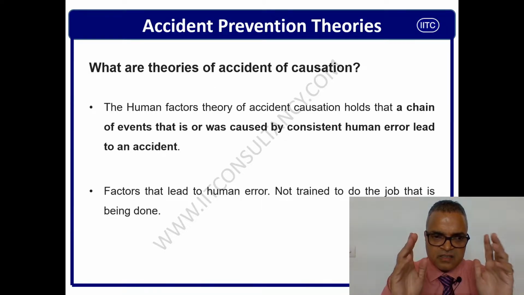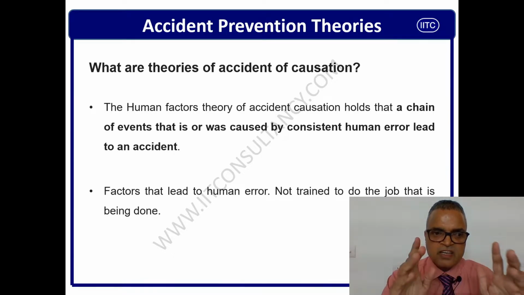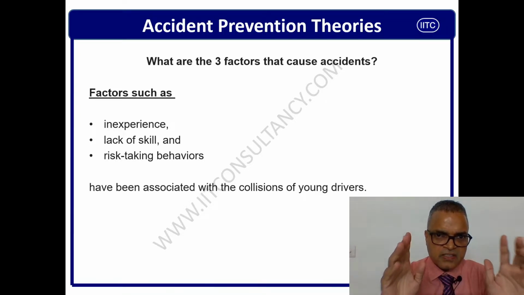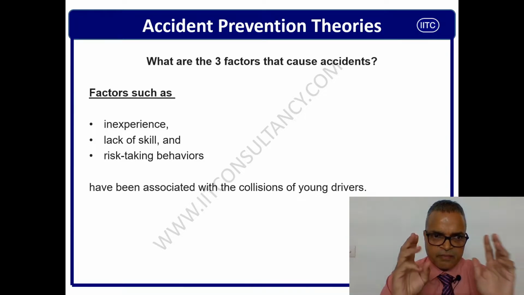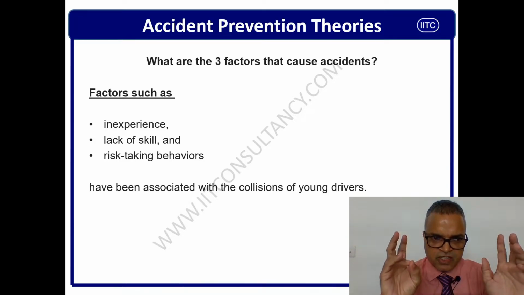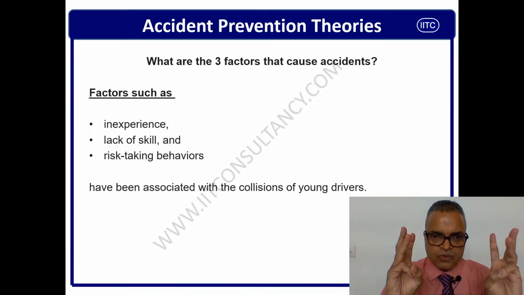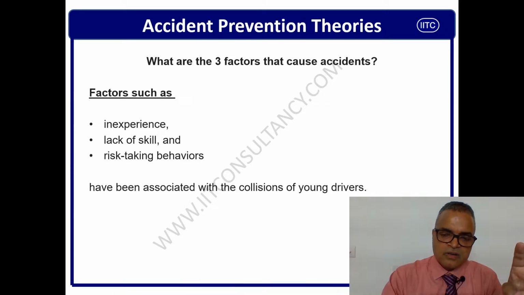The basic reason for human error is that people are not trained in what they are supposed to do. Now there are three factors that cause accidents. We will see them in accident prevention theory. The factors are inexperience of the person, lack of skill, and risk-taking behaviors; these are three important factors which result in accidents. These things we will see on following slides.